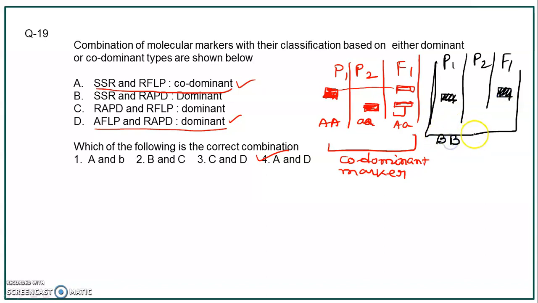Capital B capital B, small b small b, and capital B small b give equal bands, so you cannot differentiate between heterozygous and homozygous. These are dominant markers.